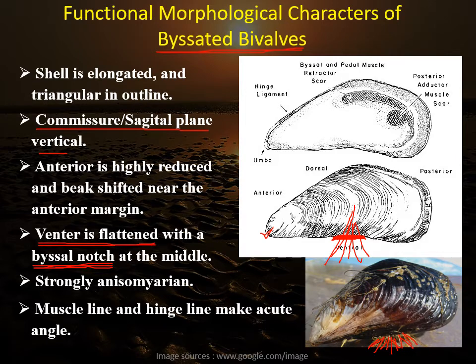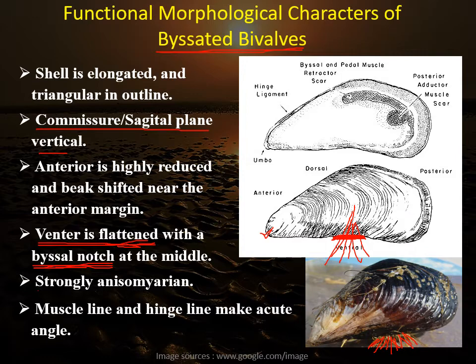That means the ventral side becomes wider, more flattened, so that it prevents dislodging or disorientation during any kind of high energy condition.